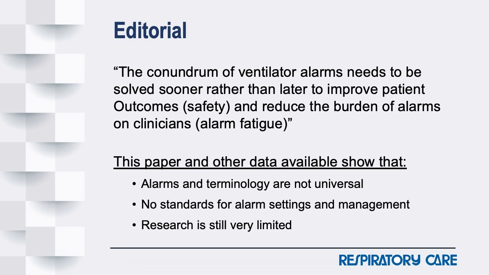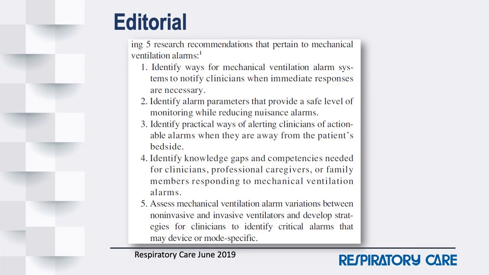He identifies in this paper that alarm terminology and alarms themselves are not universal. There's no standard for alarm settings and management, and research is very limited. And in the interest of time, he also mentions the 5 recommendations that were made in that Respiratory Care June 2019 article, which, again, I went through a little earlier, but they're good recommendations to read.